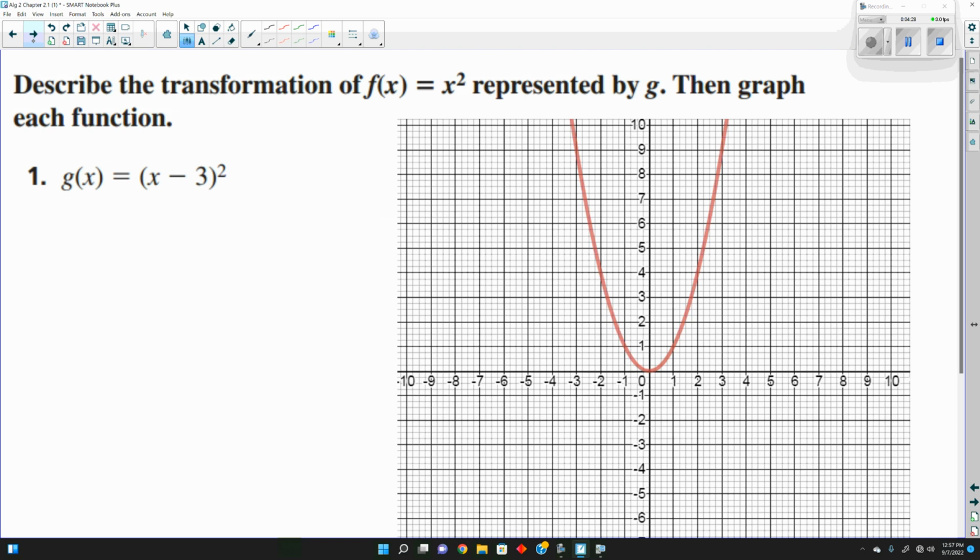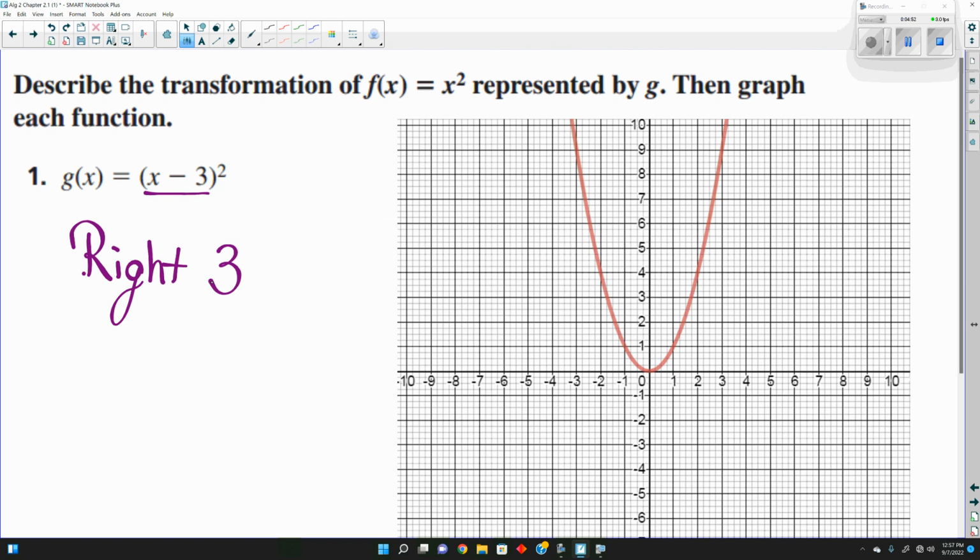Let's look at the next one. G of x equals x minus 3 squared. Since it's negative inside, we're moving right 3. Since we're subtracting 3, it's moving to the right 3 units. We would graph it, but I'm not worried about graphing.